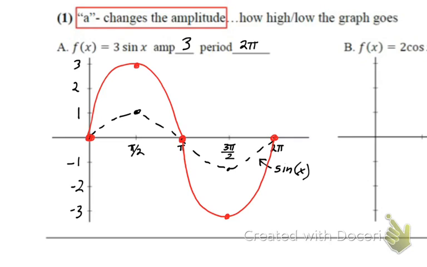I am multiplying by 3. So this is getting multiplied by 3. And if you multiply 0 by 3, it stays 0. That's why our zeros stay. And our -1 turns to -3. So I'm going to mark this and say, hey, this is my 3 sine of x. And then we're going to move on to the next one.